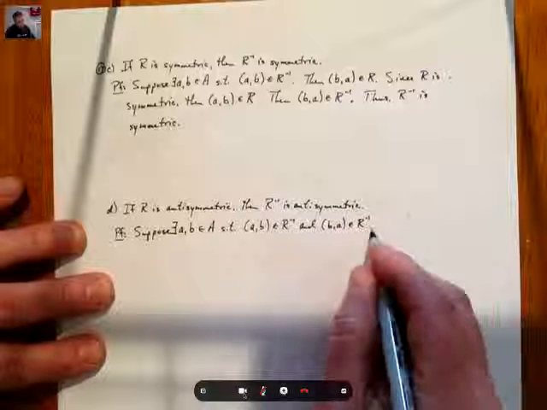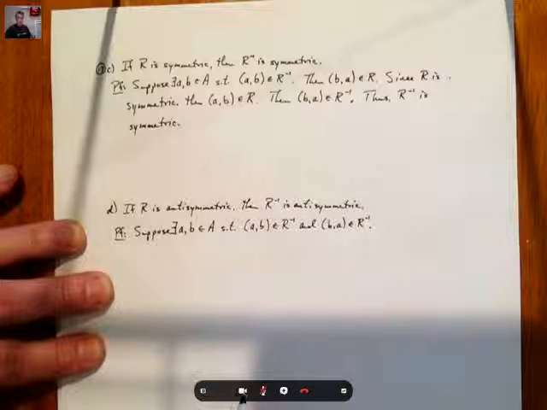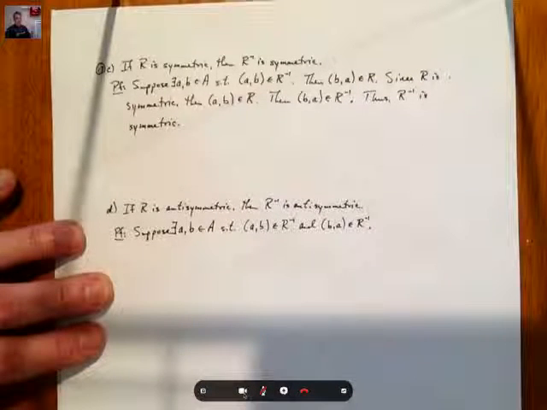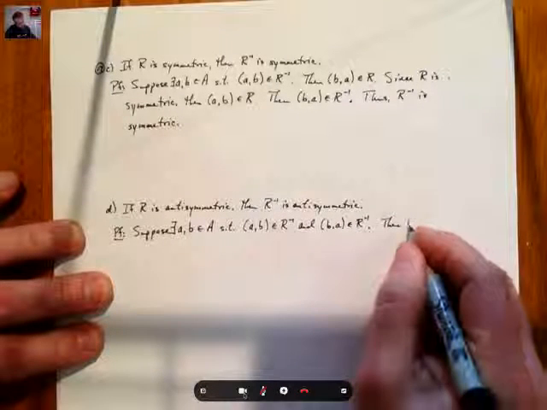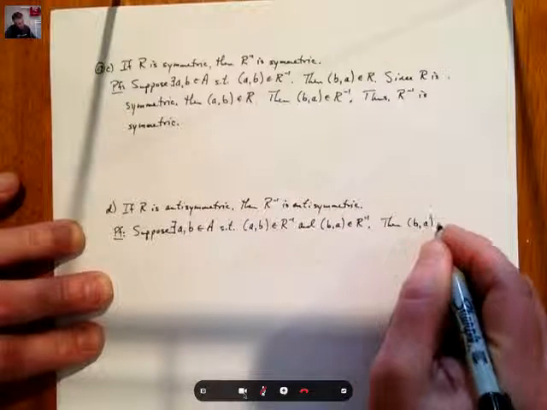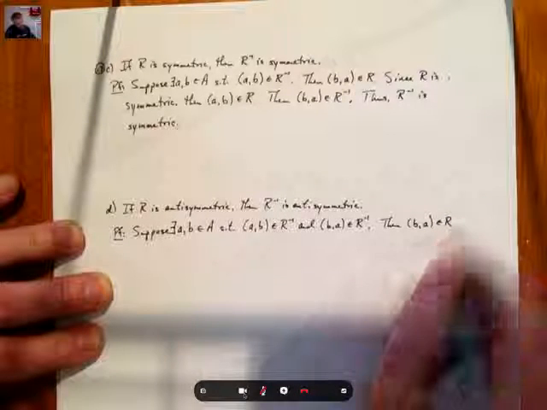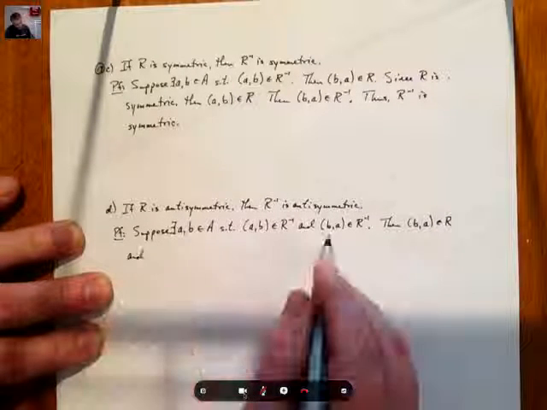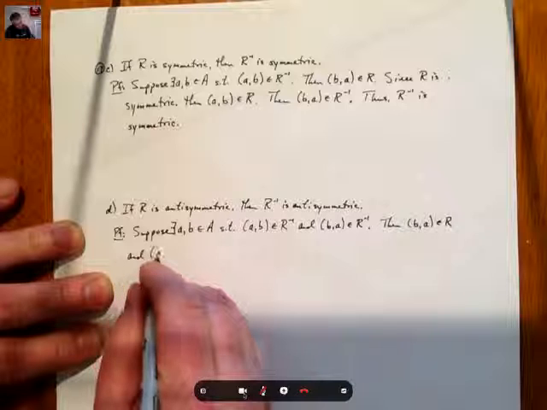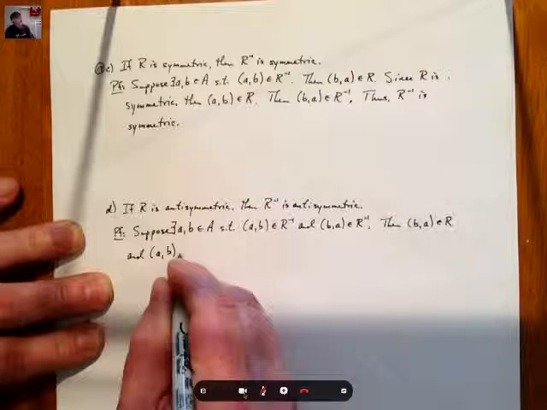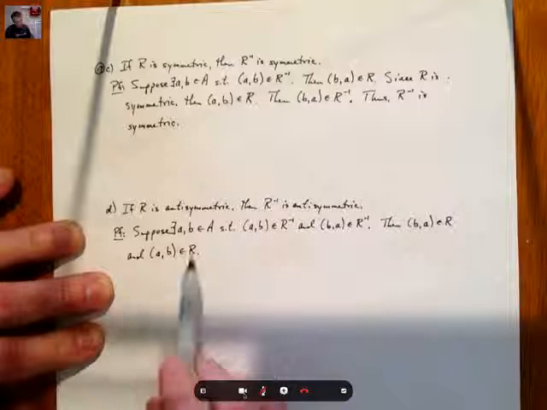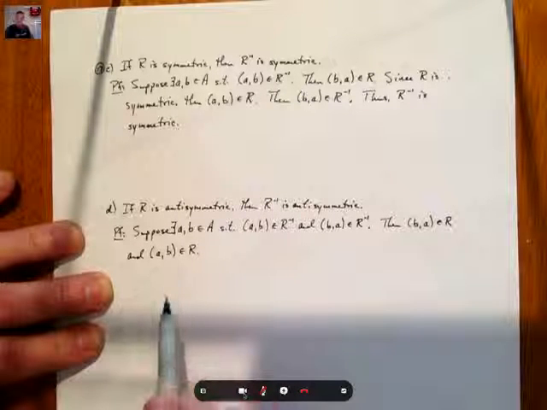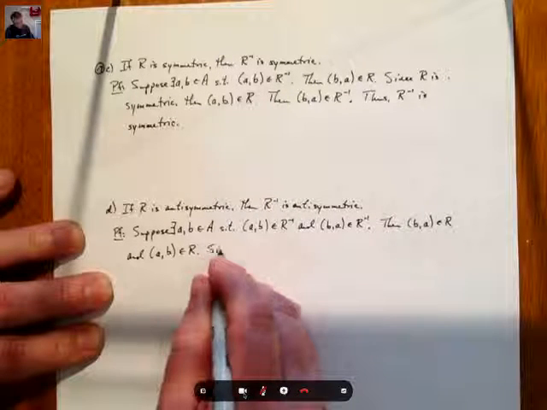Okay? And now we need to show that they're equal. Well, then take them back over to R, right? That means that (b, a) is in R and (a, b), swap the ends, is in R. Well, since R is antisymmetric, that means a and b are equal, right?